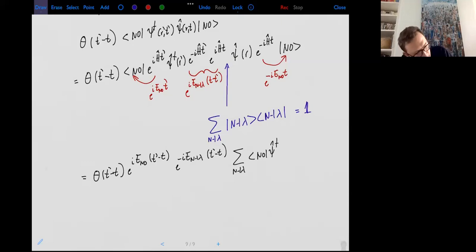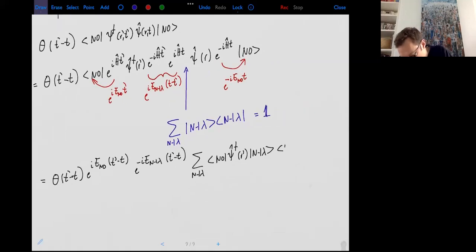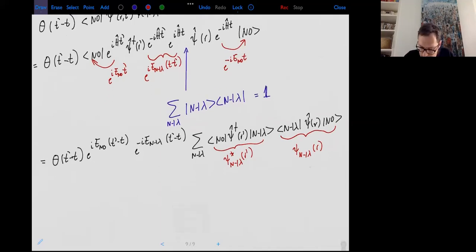Psi hat dagger r prime, n-1 lambda, n-1 lambda psi hat r n0. Right, okay, that's what we get. These expectation values are of course just functions of position, so we can give them the following names. So it's a little bit less writing. Okay.